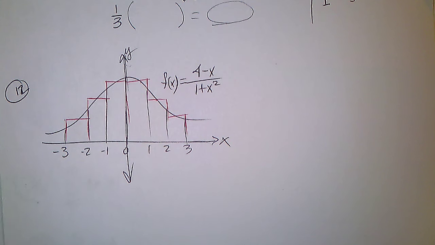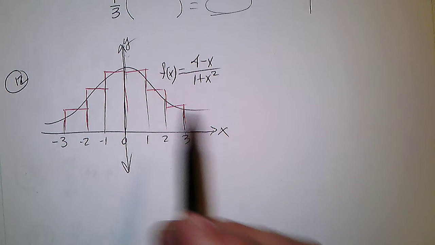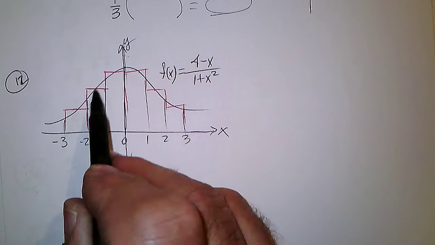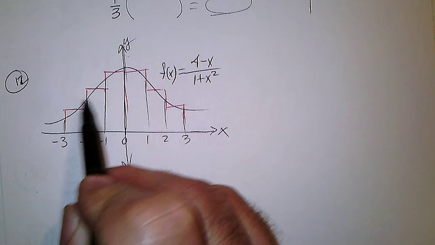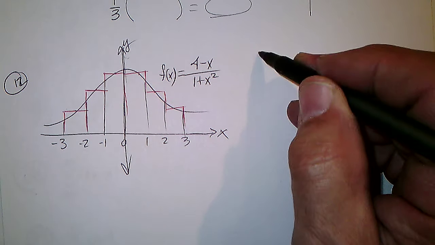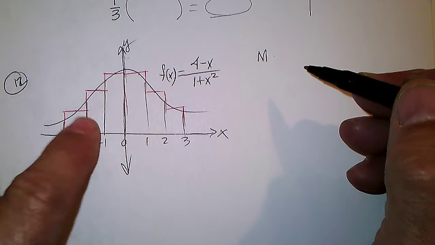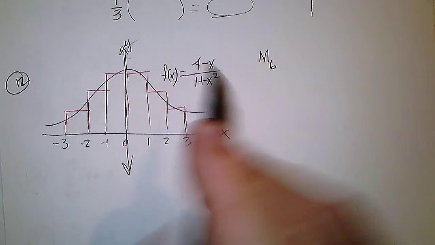Number 12. Now we can see that each of these rectangles has a height at the midpoint of these. That's the way it was drawing. So I'm actually doing midpoint, and I got 1, 2, 3, 4, 5, 6 of them for this curve.